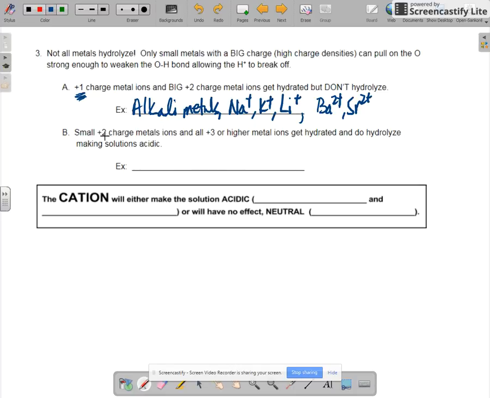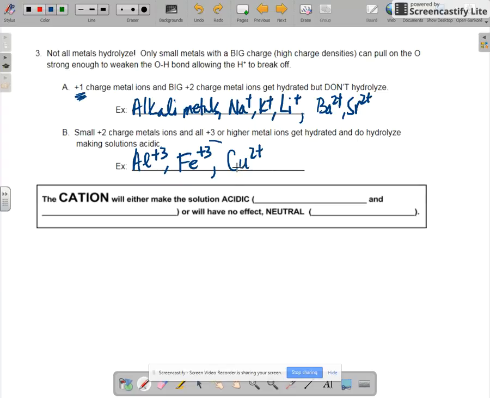Now, if you're a small +2 charge metal, or for sure +3 or higher, you will have enough pull on that oxygen in the water molecule so that that OH bond does get weakened and the H+ will pop off. So aluminum is sort of the classic example. Iron 3+, pretty darn acidic. And then copper 2+, it only has a +2 charge, but copper is pretty small.